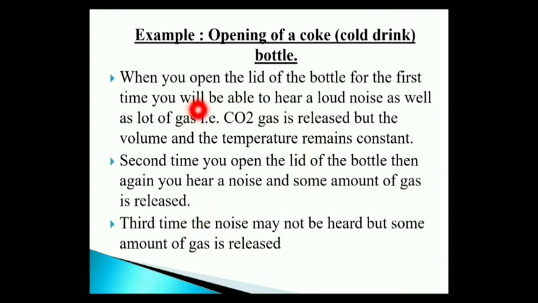So the first time you will hear a loud noise and a large amount of carbon dioxide gas will be released into the air. The second time, the noise is comparatively quite shrill, and only some amount of gas is released. And the third time you may or may not hear the sound, but you can see some amount of gas being released.